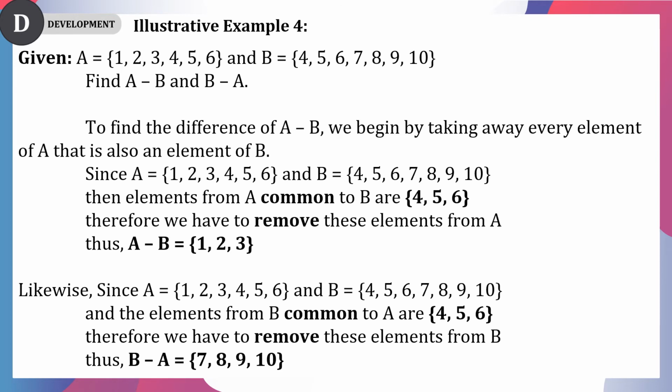Therefore, we have to remove these elements from A. Thus, A minus B is equal to the elements 1, 2, and 3.